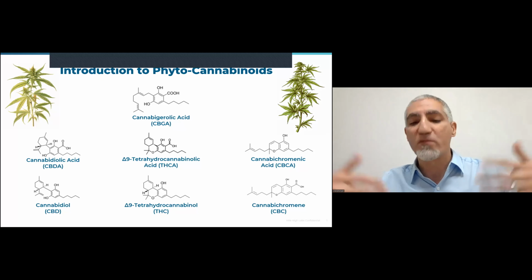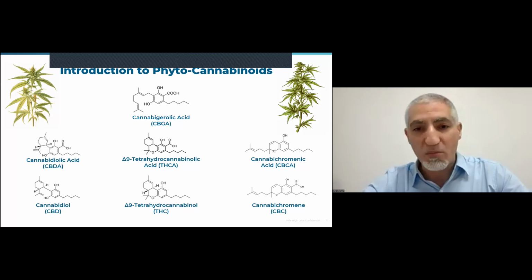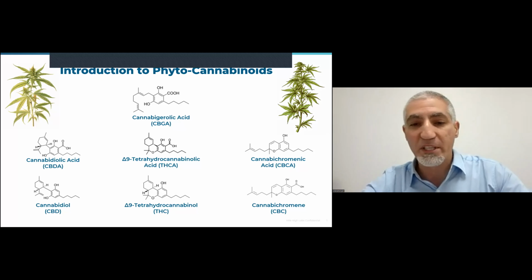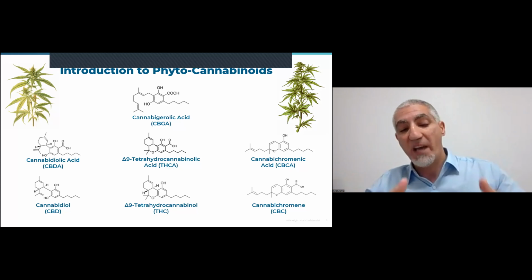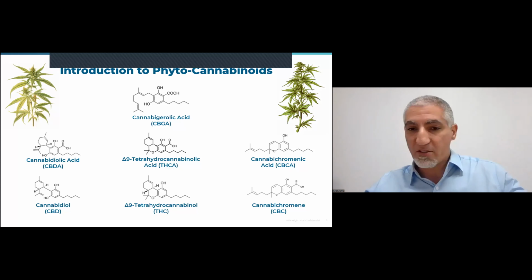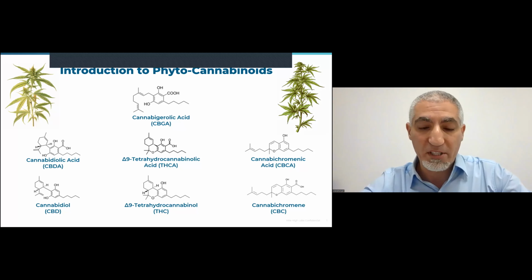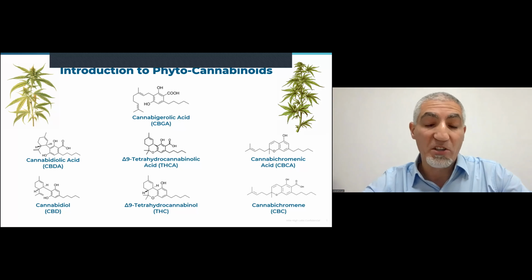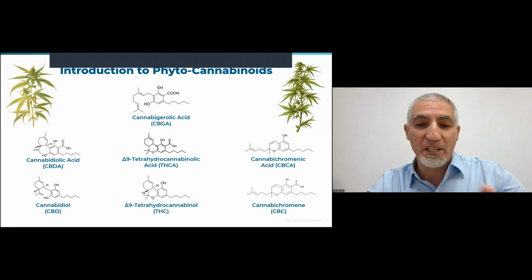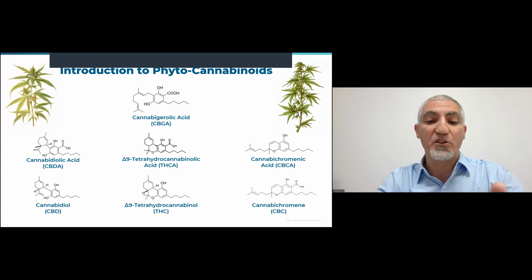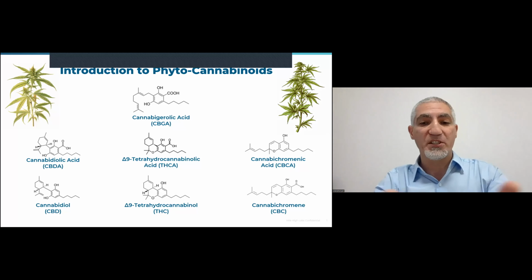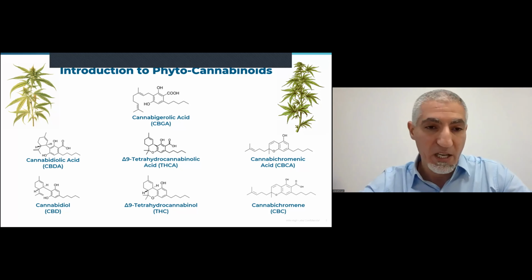Then over time, through the process of thermal, photolytic, and oxidative degradation, these acids could turn into bases and turn into other cannabinoids. There are hundreds of cannabinoids in the plant. Through different enzymatic reactions, there could be different amounts of these acids in the plant.